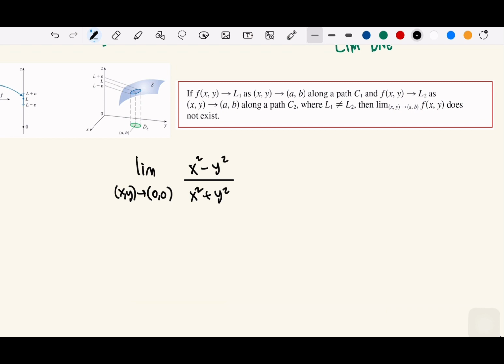If this is 0, this will be 1. So they are already different, and we can say that this limit also doesn't exist.